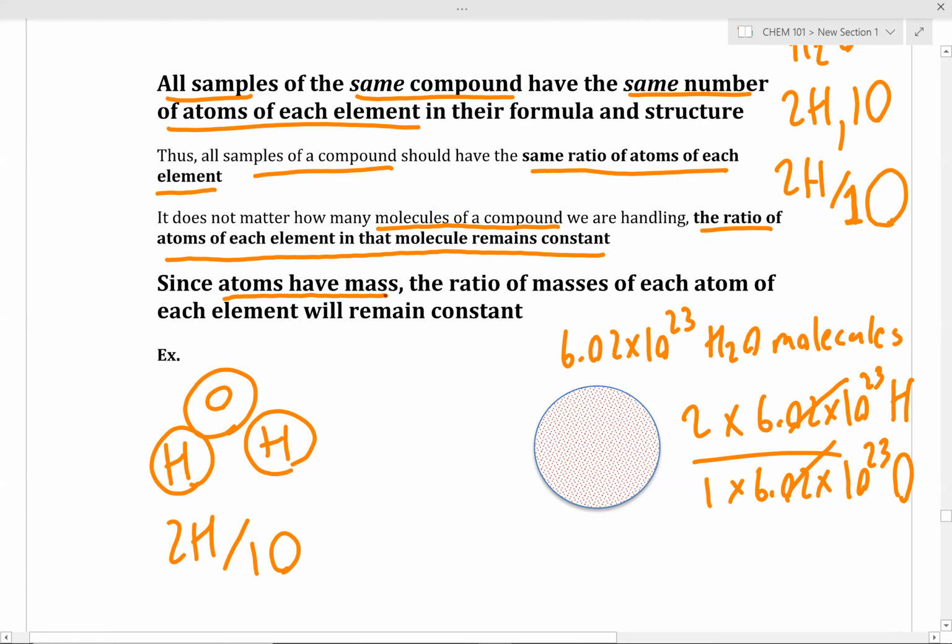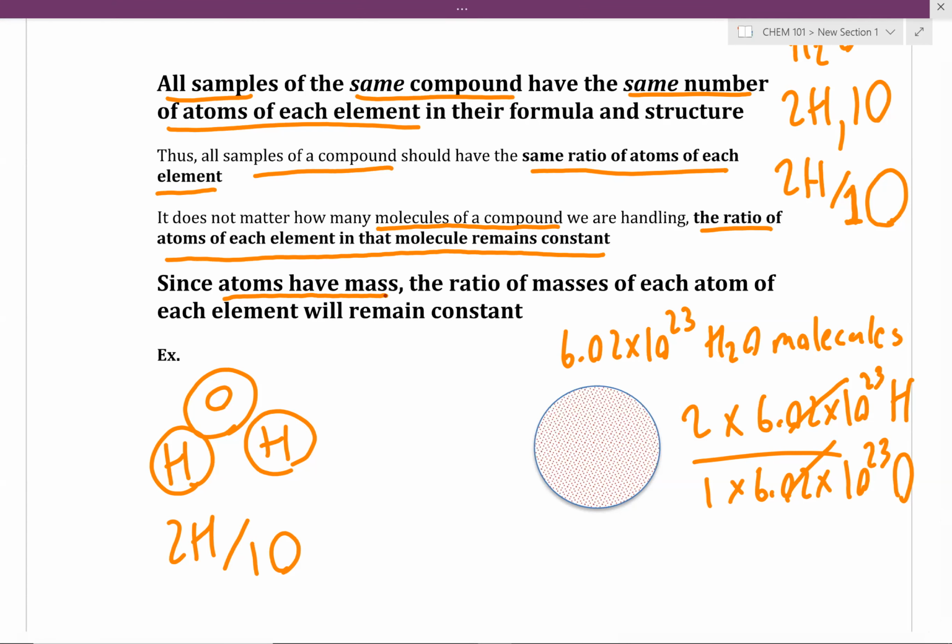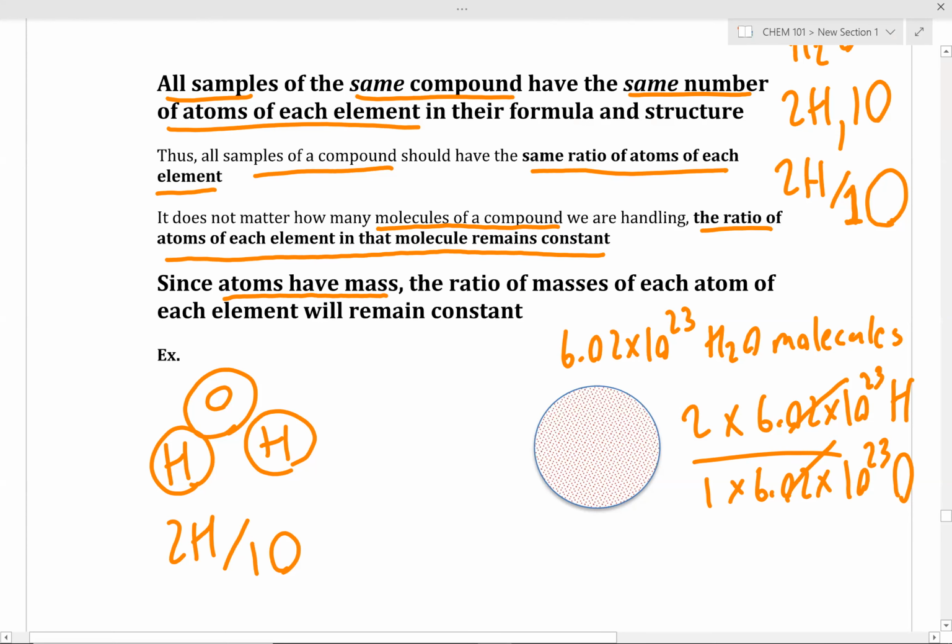Now, since atoms have mass, we can rewrite this atom ratio into a mass ratio. So then we can say we have 2 AMUs of hydrogen per every 16 AMUs of oxygen.